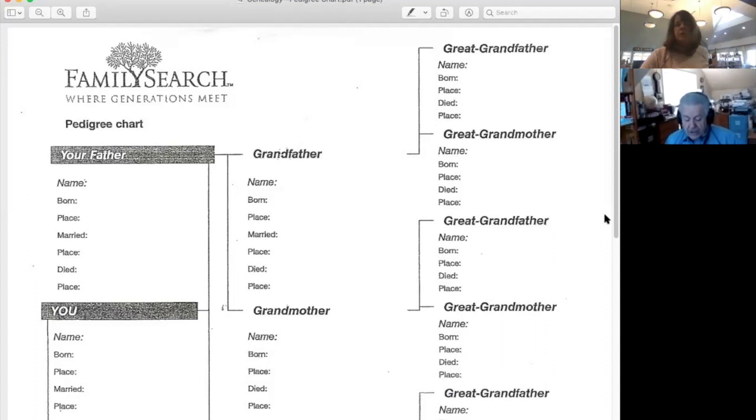Now, there are two options when you organize information genealogically. One is what we call a descendancy chart, where you pick a person in the past and you follow their connections all the way down to the present time or to some other person. But you can only do that if you've first done not past to present, but present to past.